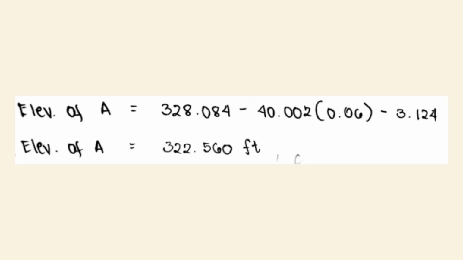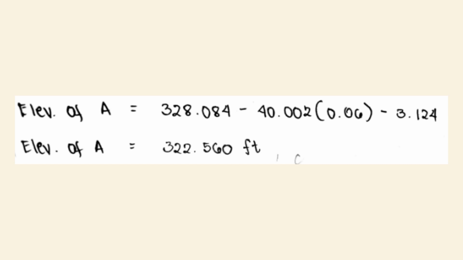Now that we have the values of y and h, we can now solve for the elevation of point A. So it is simply 328.084 minus 40.002 multiplied by 0.06 minus 3.124.